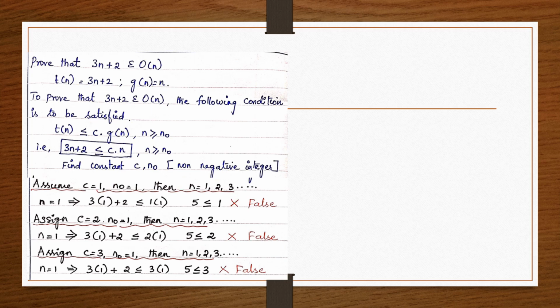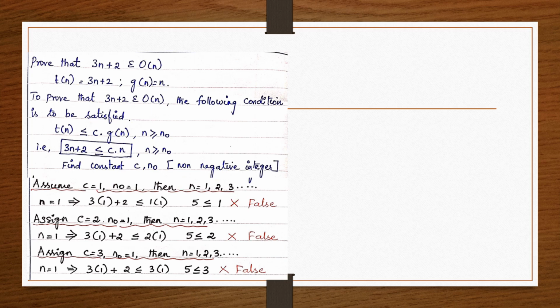First we will start taking c as 1, then n as 1, 2, 3, 4. It doesn't hold. Next we will assume c as 2 and then n as 1, 2, 3, 4. That also doesn't hold. Then we will take c as 3 and n as 1, 2, 3. It also doesn't hold.